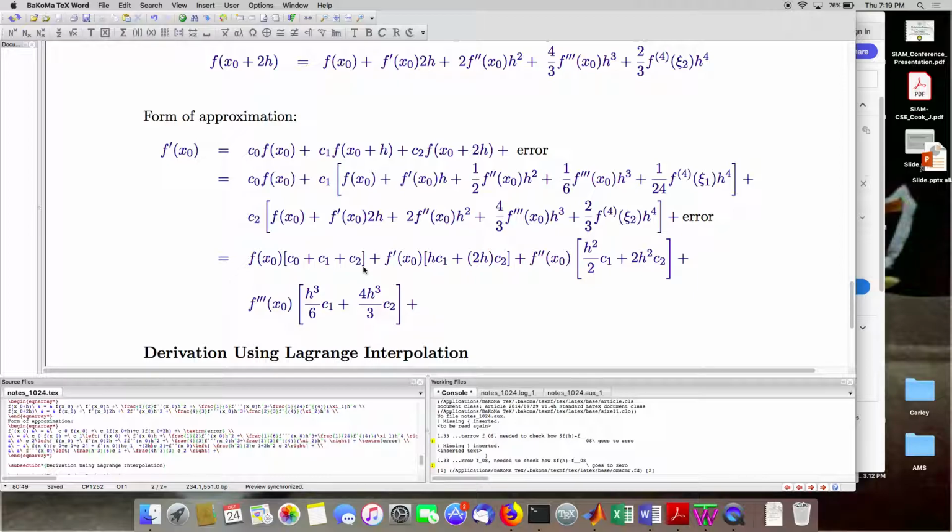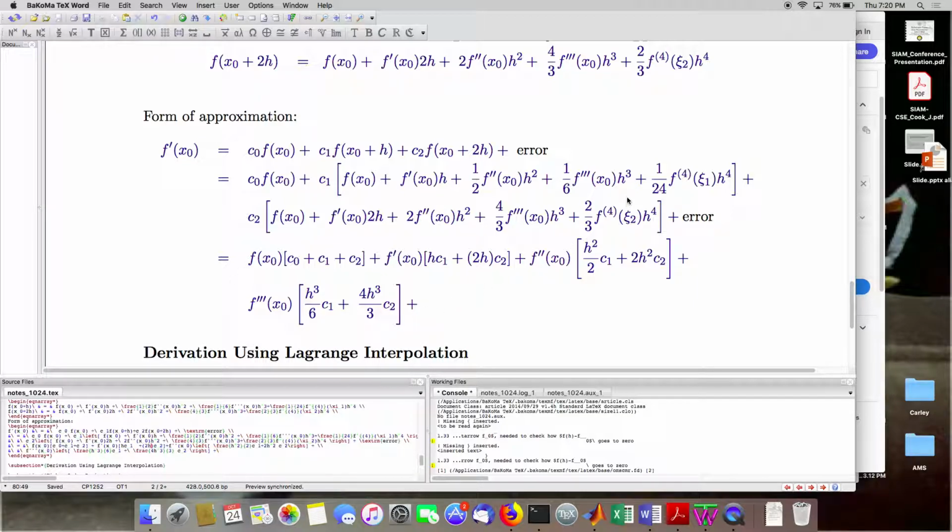That's true in general: if you're trying to approximate the first derivative, your coefficients will be something over h. If your second derivative, it's over h squared, and so on. So since c1 and c2 are order h to the minus 1, this whole thing is order h to the minus 2.